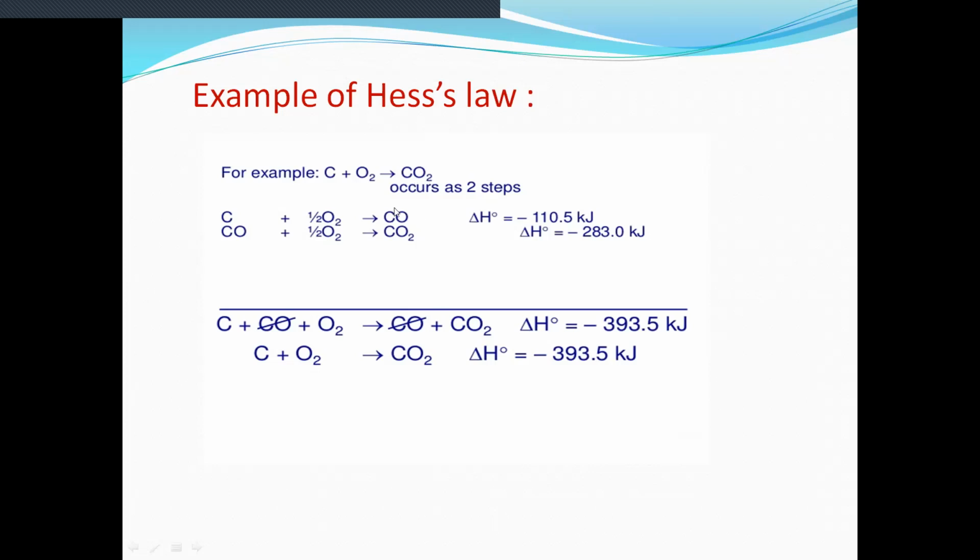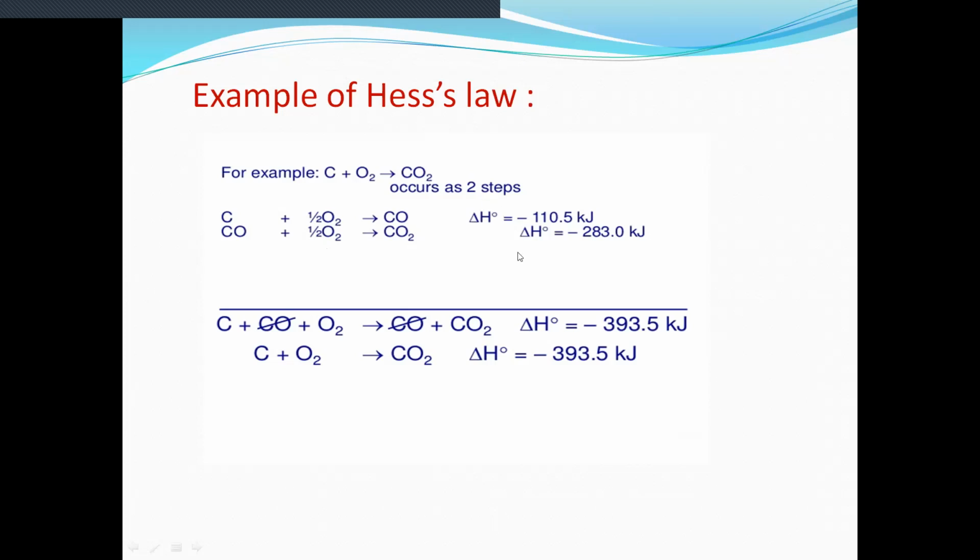While in second process, the same carbon dioxide gas is obtained, but it is obtained in two steps. First, carbon is heated in insufficient amount of oxygen, it forms carbon monoxide, and carbon monoxide again heated in insufficient amount of oxygen, it forms carbon dioxide.